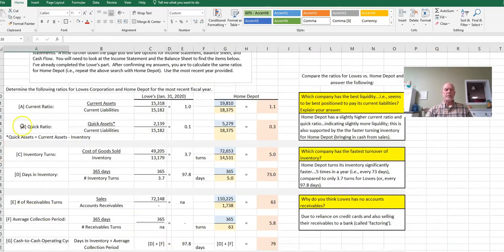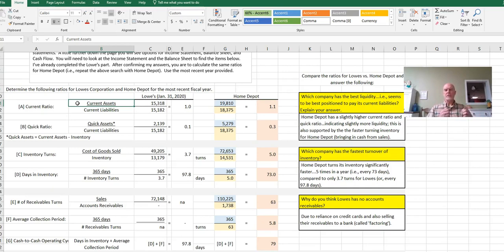First of all, we're looking at the current ratio. The current ratio compares the current assets on the balance sheet to the current liabilities. Current assets are those assets that we are constantly using up in our day-to-day operations, not running out of them because we're constantly replacing them.